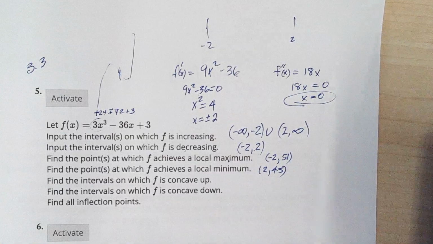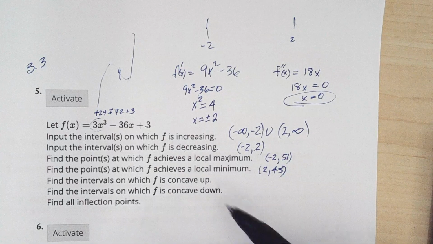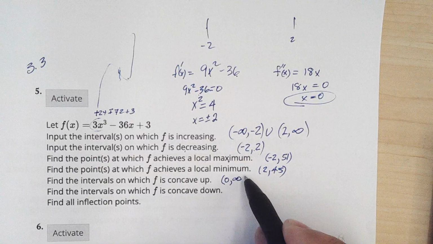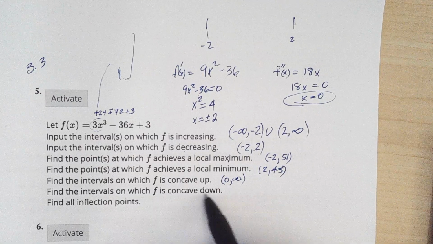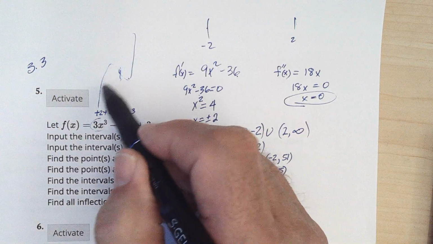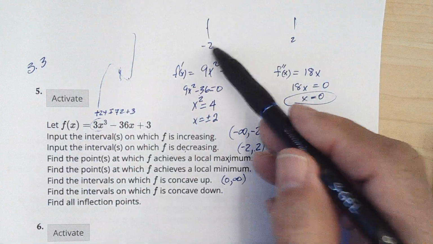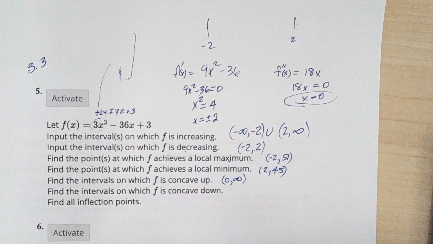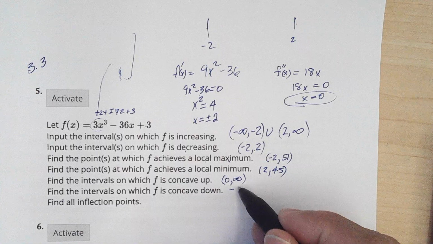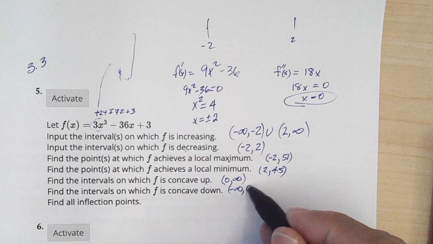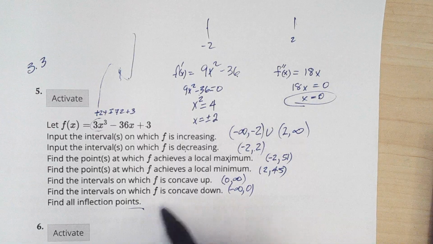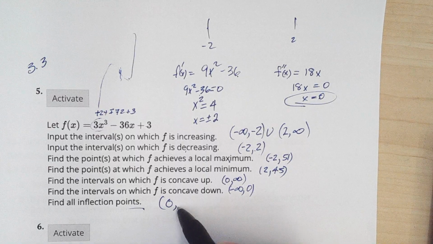It's positive, so it's concave up. So it's concave up from 0 to infinity, and it's concave down before that, and we could have put in negative 2 and got negative 36. So from negative infinity to 0, it's concave down. And the inflection point happens at 0, and if I put 0 in the original one, I get 3.